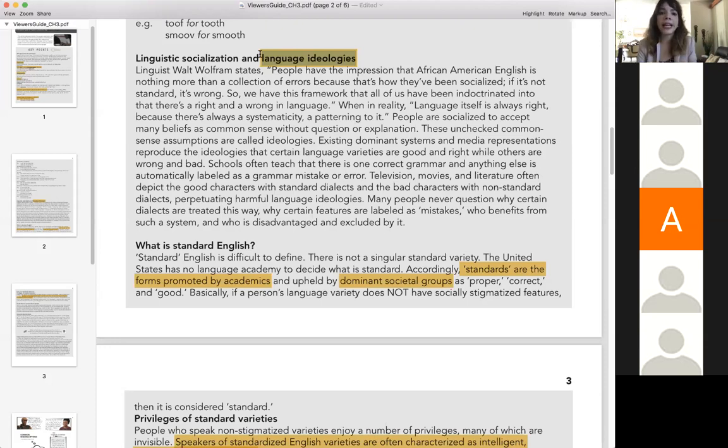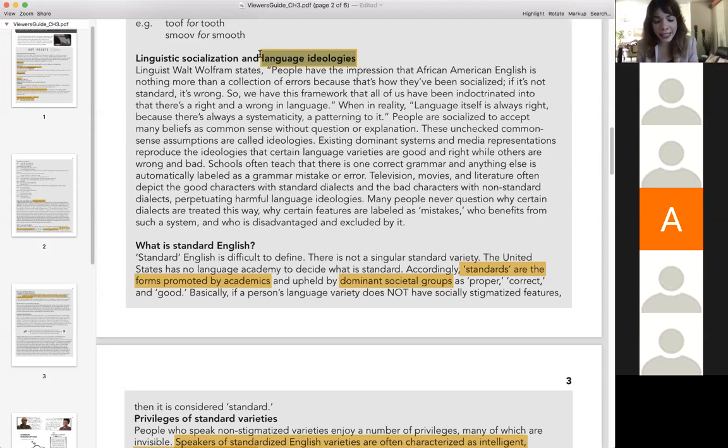So what populations face discrimination? Anyone that basically doesn't sound white, and not just white, middle class, right? So anyone who doesn't represent that desired group is seen as less than, okay?